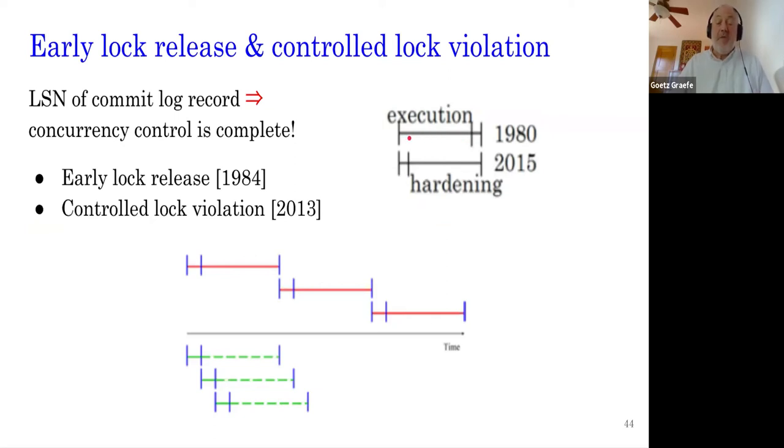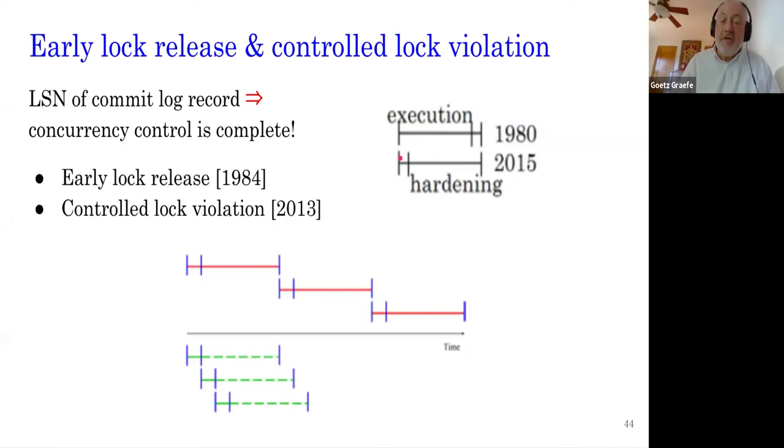Maybe you even have a couple of buffer pool faults while executing it. And then finally, you do one IO to force the commit log record to stable storage. So most of the time is spent in the execution logic and then a little bit in the commit. And in 1984, they postulated an in-memory database, and that became practical and pretty much ubiquitous 30-some years later.